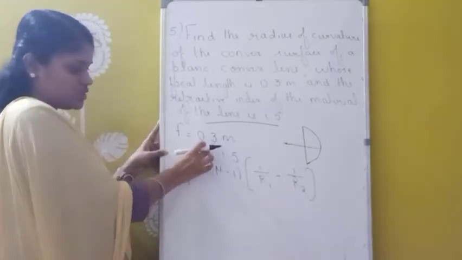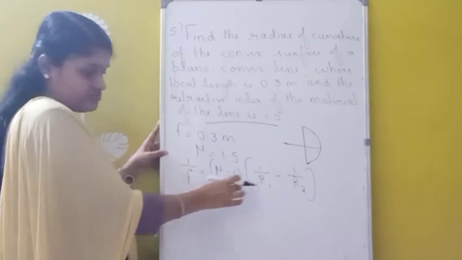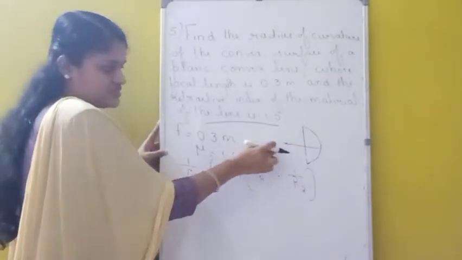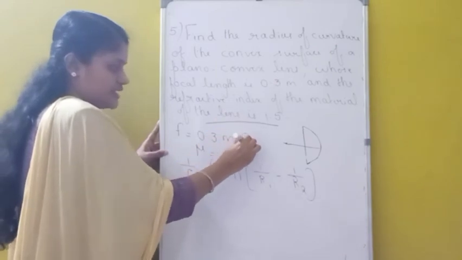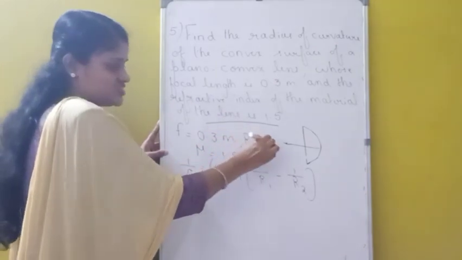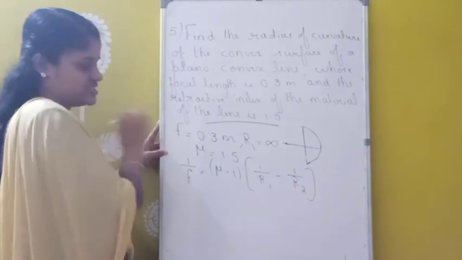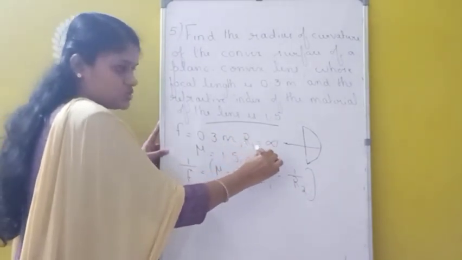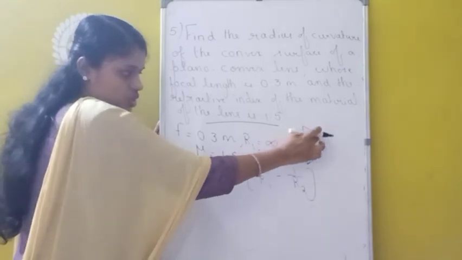Here we know mu, we know f, and what is r1? R1 is the radius of curvature of the plane surface. The first surface is plane, so its radius of curvature is taken as infinity. And this r2 we don't know; we have to find it, that is, the radius of curvature of this convex surface.